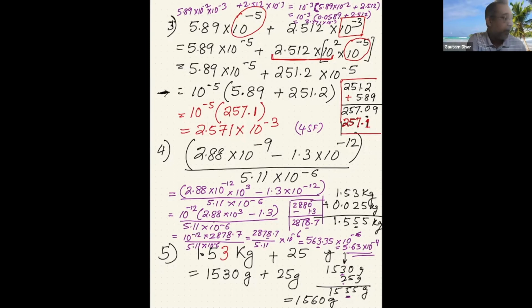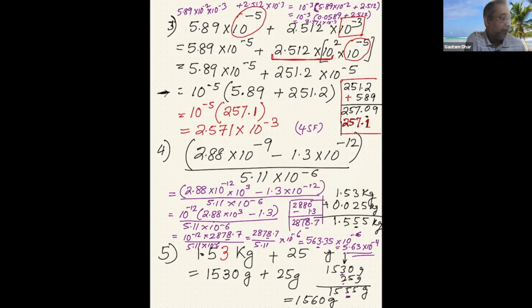Then when you add, you take 10 to the minus 5 outside the parentheses. This is all we did to get the thing in the parentheses so that I can conveniently add, just using the rules for addition. If I apply the rules for addition, I have to keep to one decimal place because 251.2 has one decimal place.